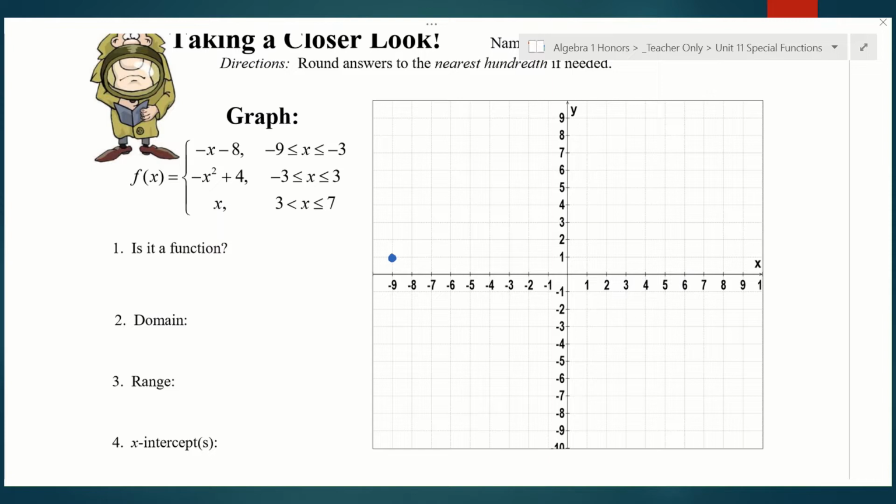I'm just going to go right through my table. When x is negative 8, y is 0. When x is negative 1, y is negative 7. And what's kind of cool is you can see the slope of your line is negative 1, which is what it shows in the equation. So I can follow that same pattern all the way until x is negative 3.